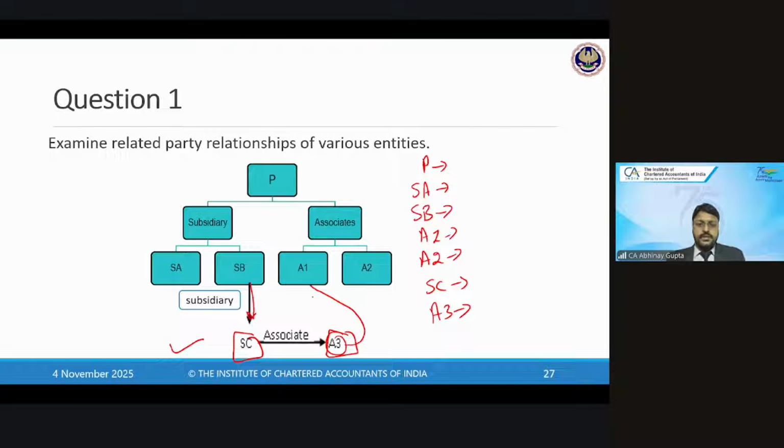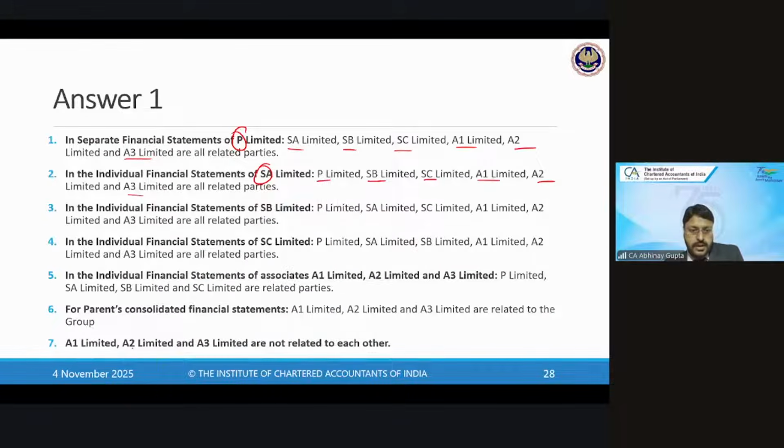So here is the answer: A1, A2 and A3 are not related to each other. So subsidiary to associate is in the same chain, but subsidiary to subsidiary is not in the same chain. So subsidiary to associate is related, and anything further down is not related.